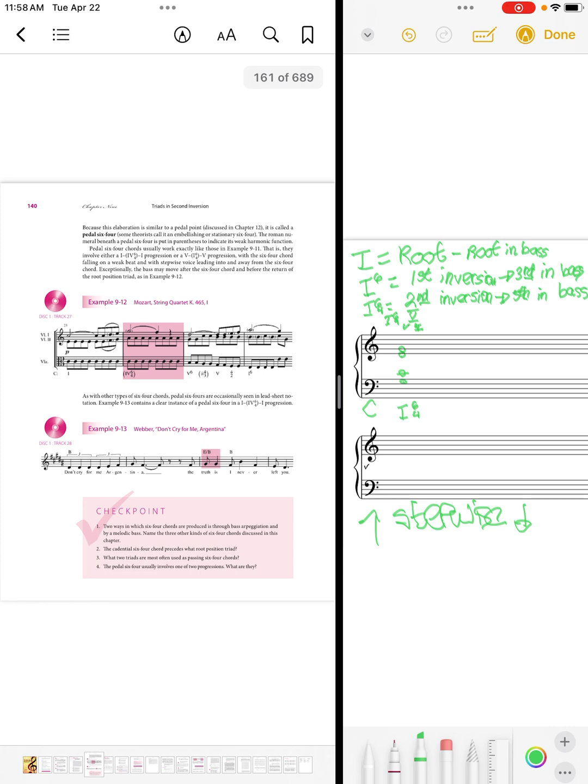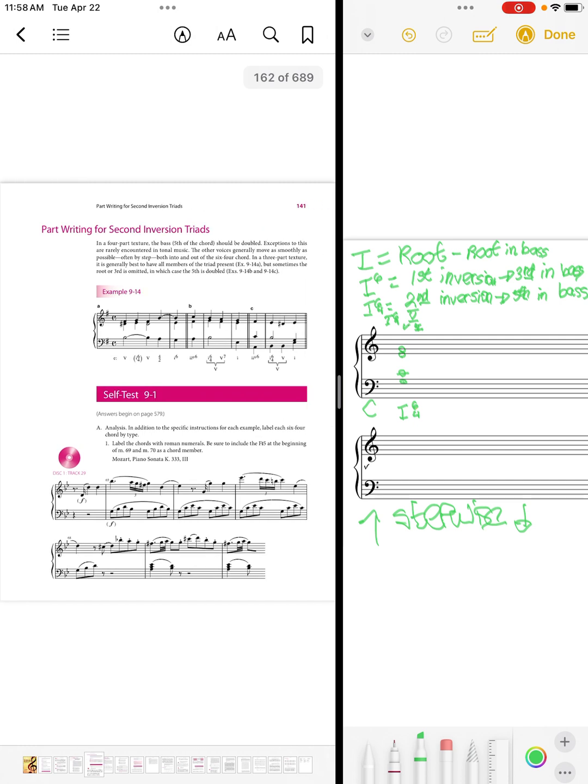Stationary. Part writing for inversions. I'm not going to go too far into detail, but that's just the point.